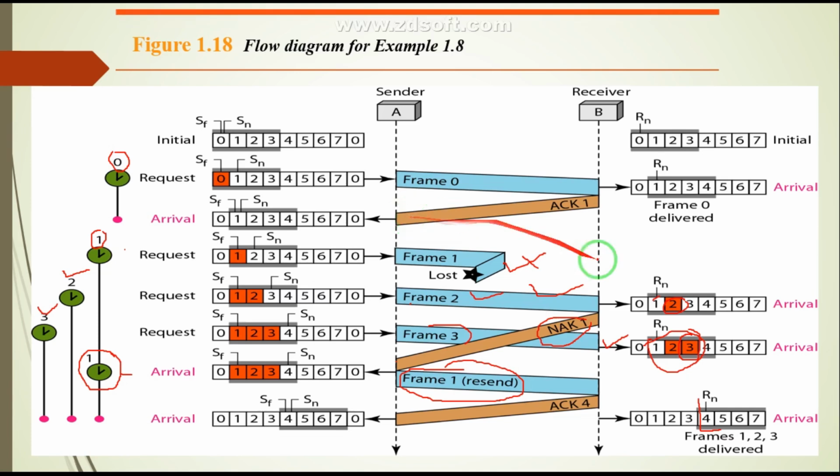I mean to say, although it receives frame 2, it is not delivering frame 2 to its network layer because it wants all the frames in properly ordered, sequential manner, although it stores it in its buffer.